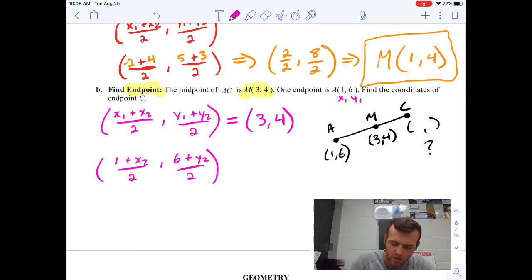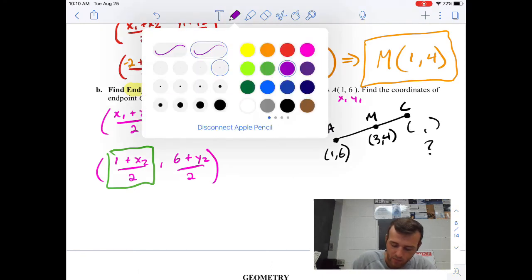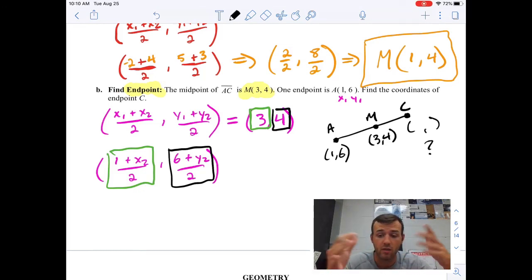So I'm going to switch colors and group things here. This is 1 plus x2 over 2, that should equal 3. And 6 plus y2 over 2 should equal 4. So we're going to set up two separate equations here. If we're able to isolate those and solve, we should be able to get the coordinates of C.